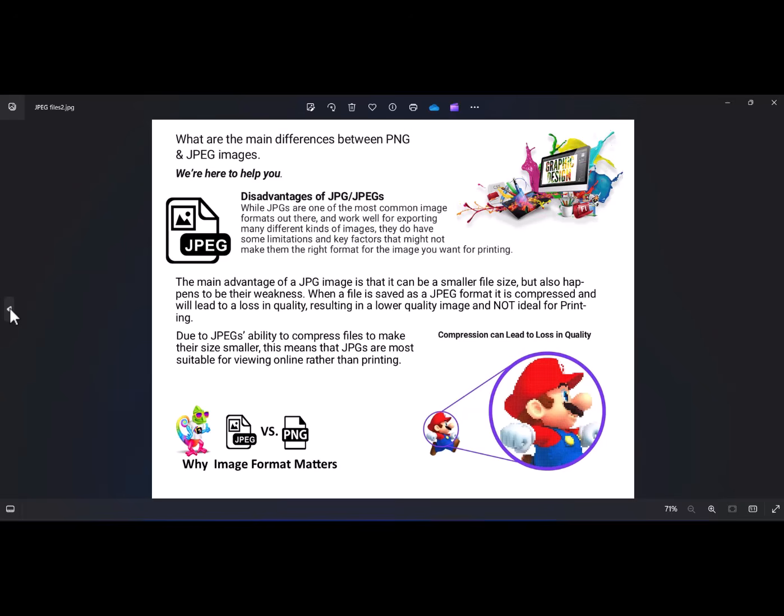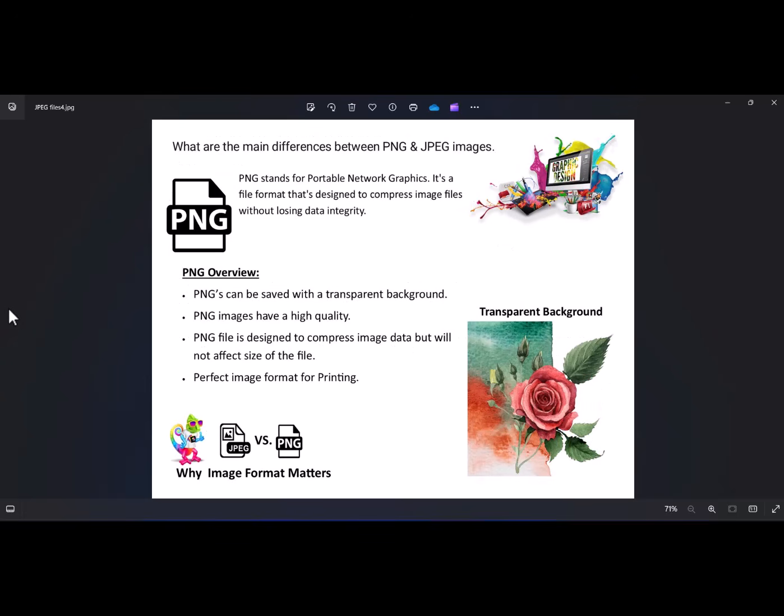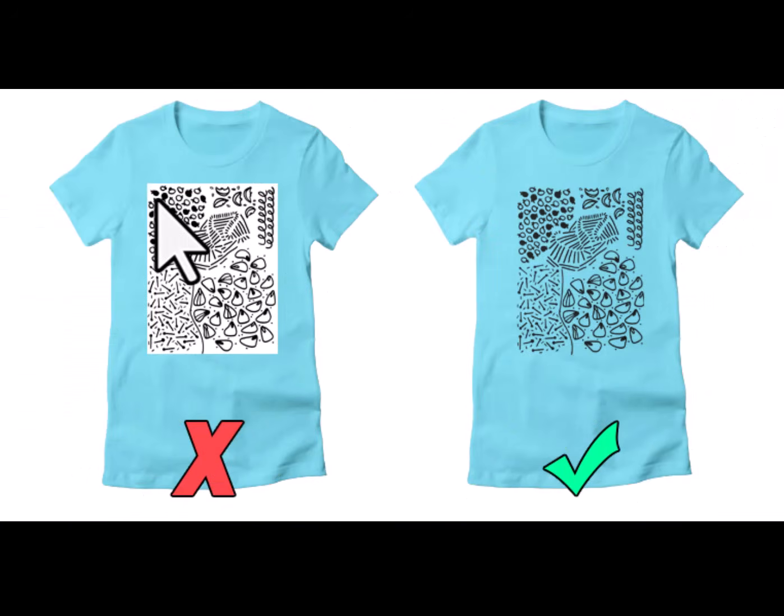So that's really the weakest issue with a JPEG file as opposed to, let's say, a file like a PNG. A file like a PNG respects the background. You could have a PNG file with a background or a transparent background.